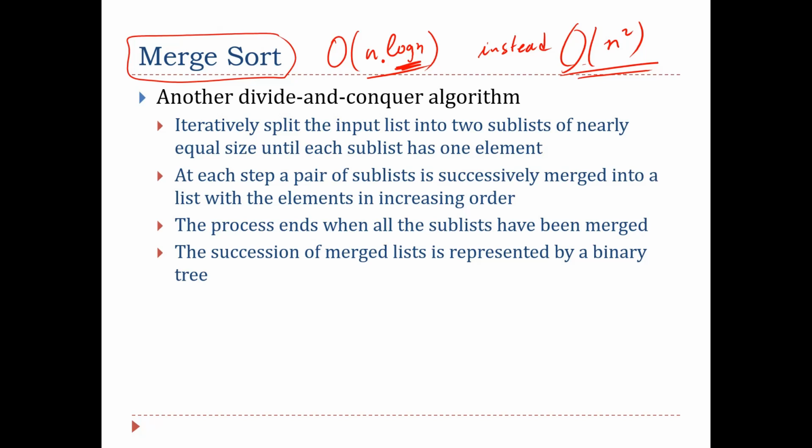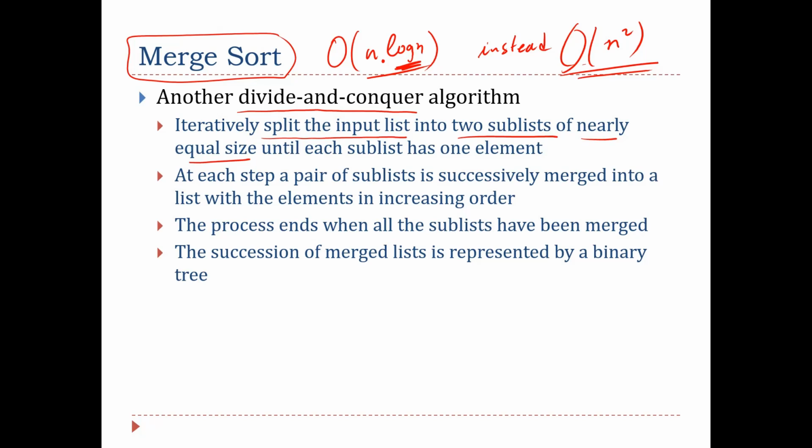So how does this algorithm work? Well, actually, it's another example of the divide and conquer algorithms. It iteratively splits the input list into two sublists of nearly equal size, because if the number of elements in the list is not even, it's not a big deal.